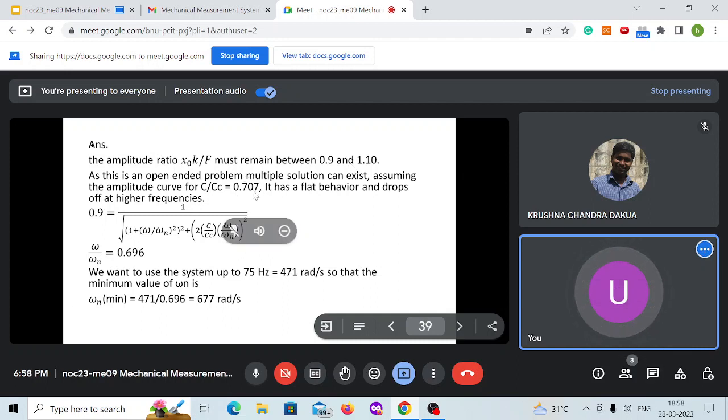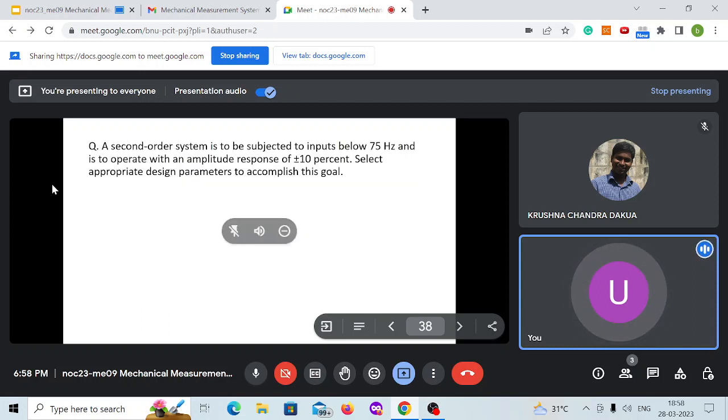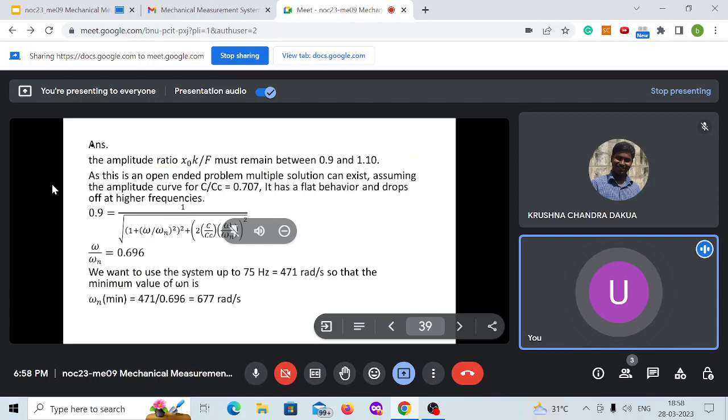For that case, we assume the lower value of 0.9, which is the error in the amplitude ratio, plus or minus 10%. We see the lower limit 0.9. We substitute that, and for this case we solve for omega n.